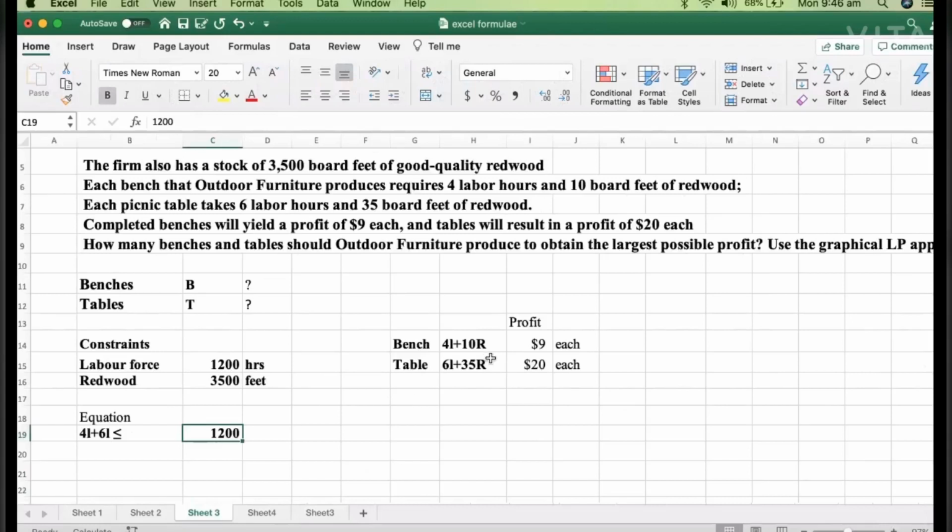The second thing is 10 feet of redwood for a bench and 35 feet of redwood for a table should not be greater than 3500.